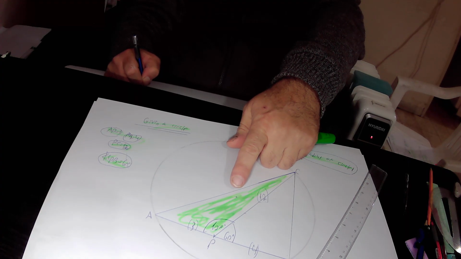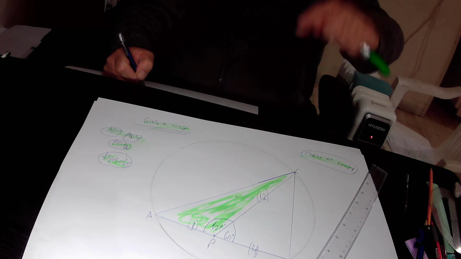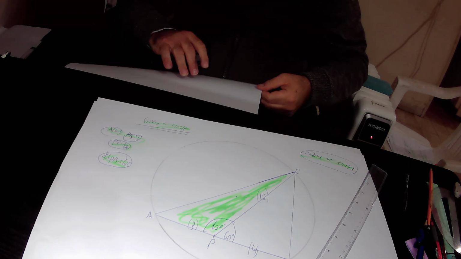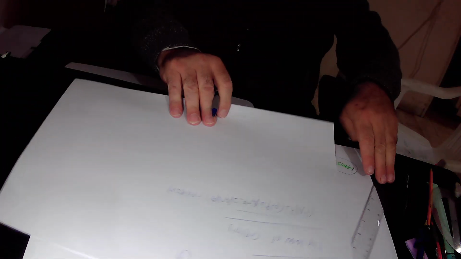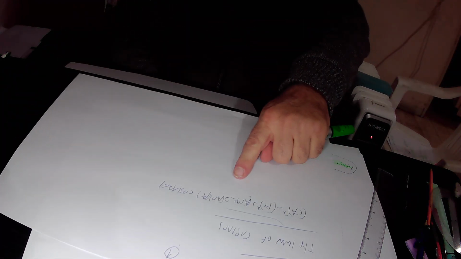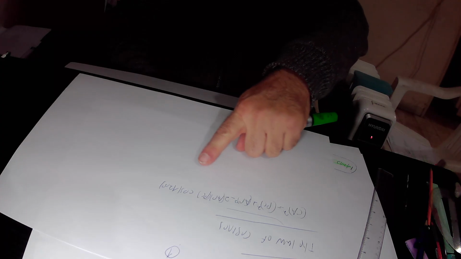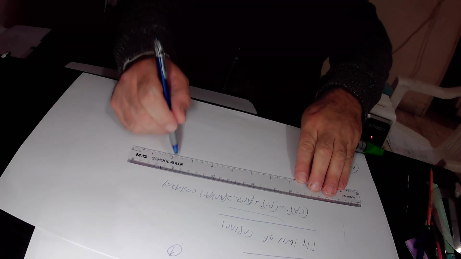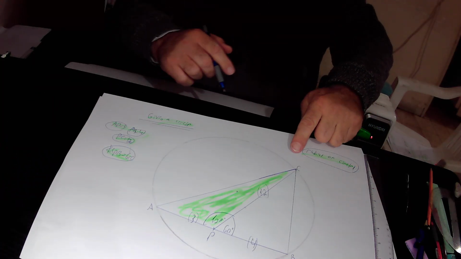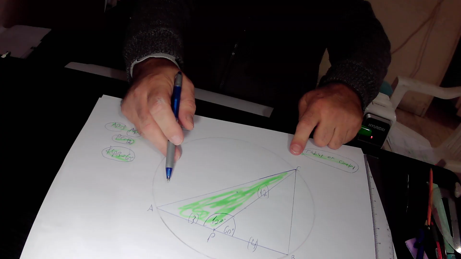And again, according to the law of cosines in this triangle APC, the following equation is true: CA squared equals PC squared plus AP squared minus 2 times AP times PC times cosine 120 degrees. CA is the missing side, so we leave it as it is.